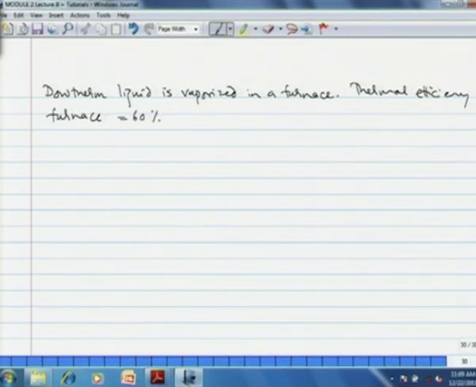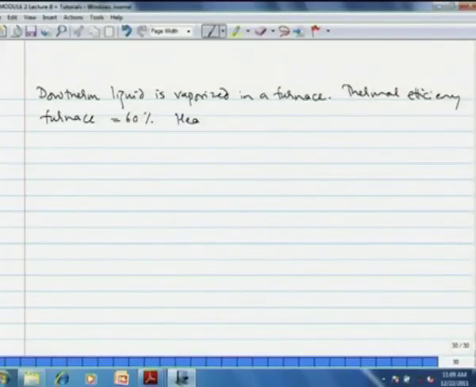Then as the vapors of Dowtherm are transferred from the furnace to the reactor, the heat losses in the pipes or the transport lines are about 20%.